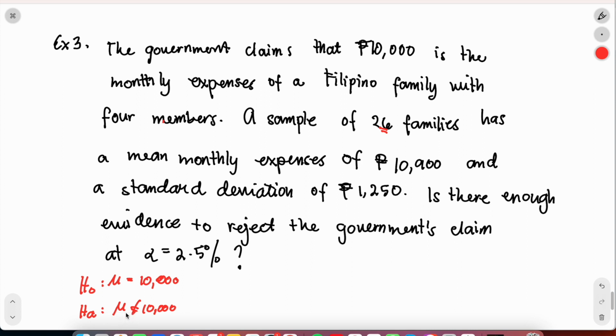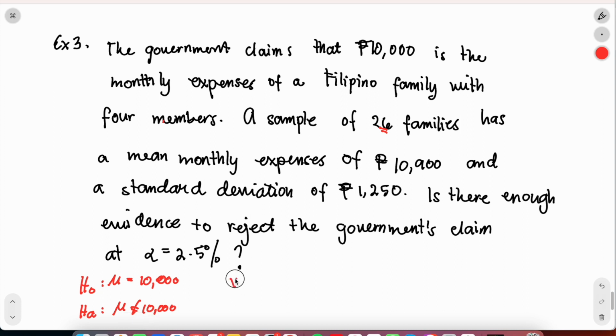Our argument is that it is not equal to 10,000. It's not specific if less than or greater than 10,000. So, since it did not state if our alternative hypothesis is greater than or less than 10,000, we should automatically assume that it is not equal to 10,000.